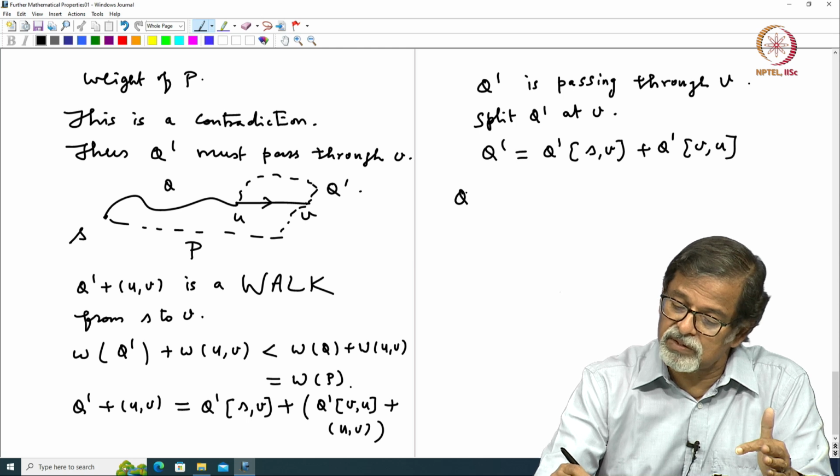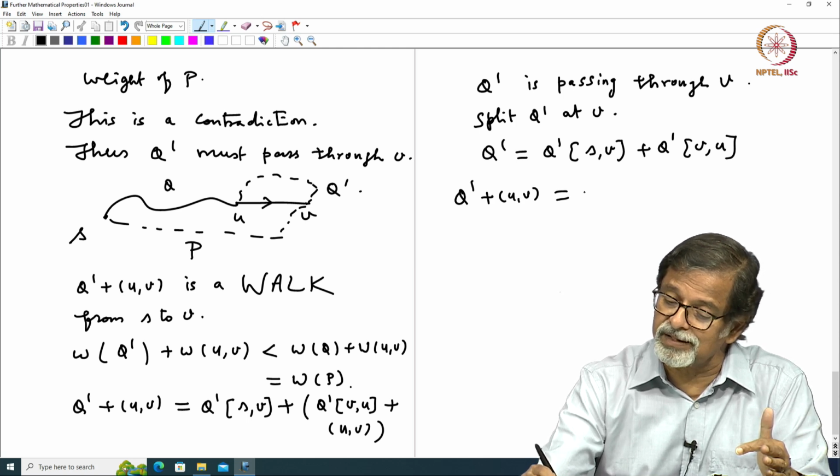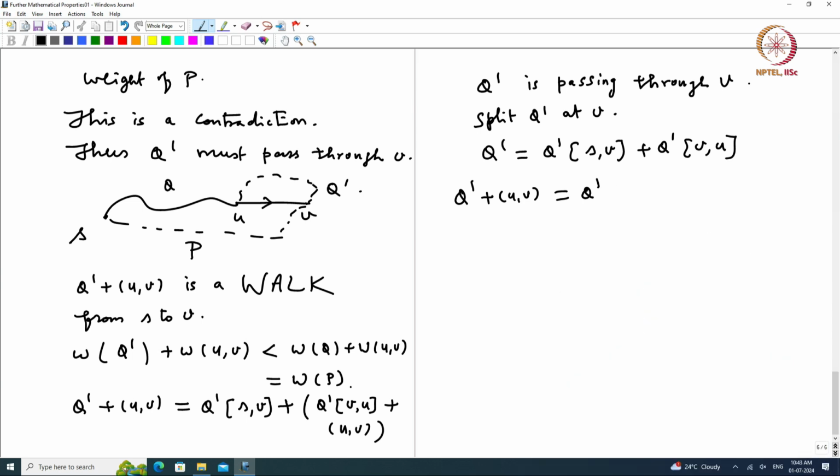Therefore, q dash plus the edge u v is q dash s v plus q dash v u plus edge u v.